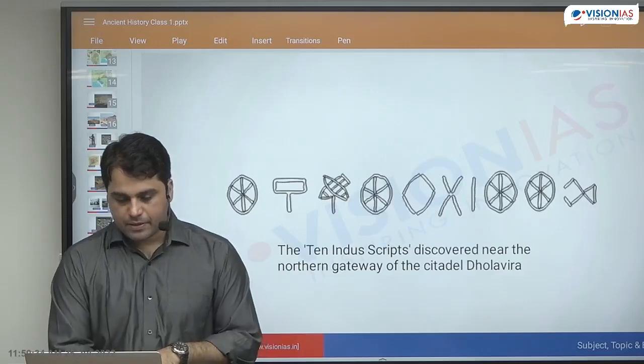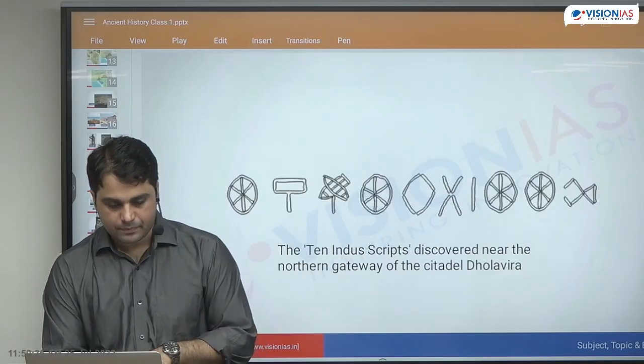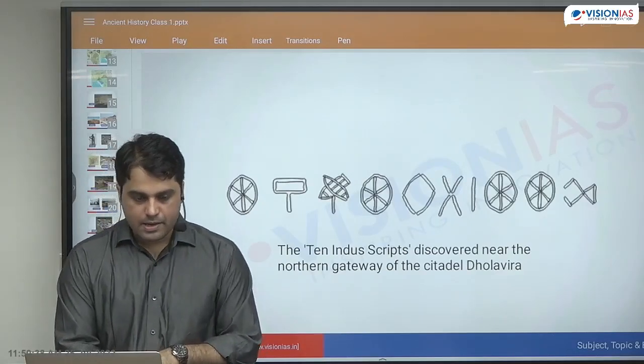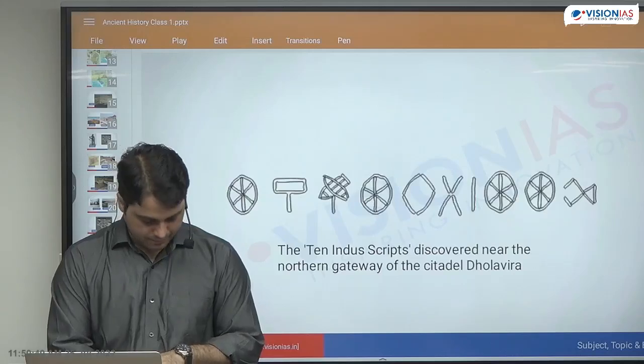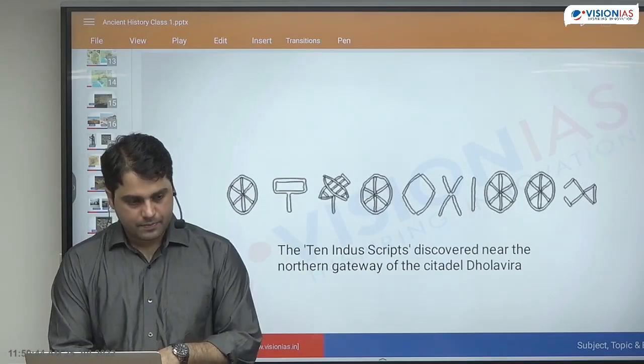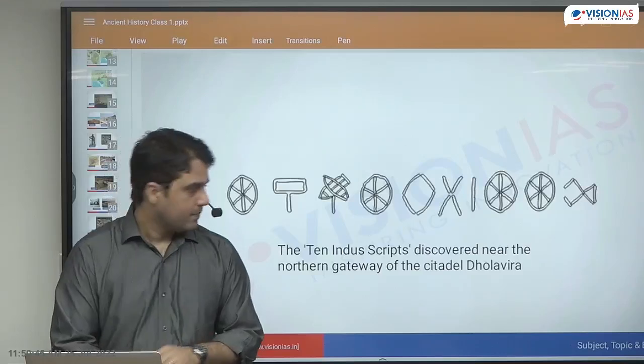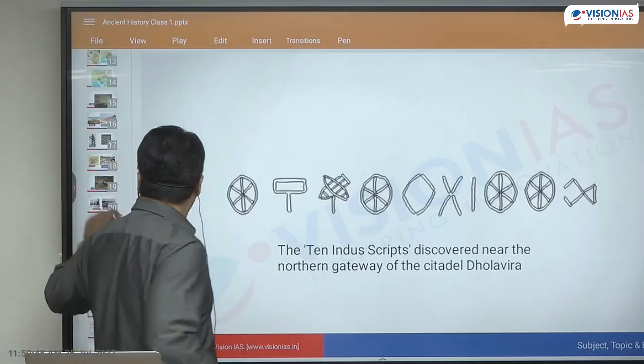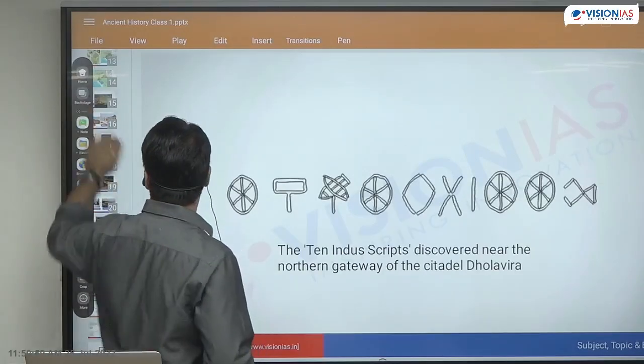Early Harappan phase, from 3300 to 2600 BC.